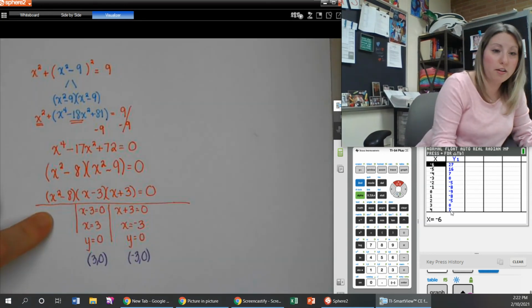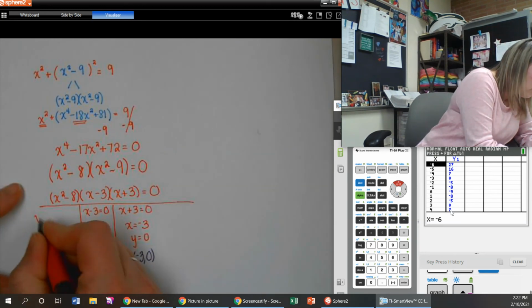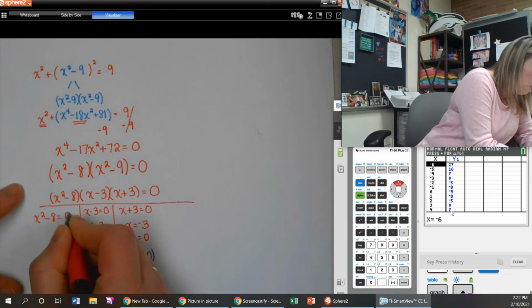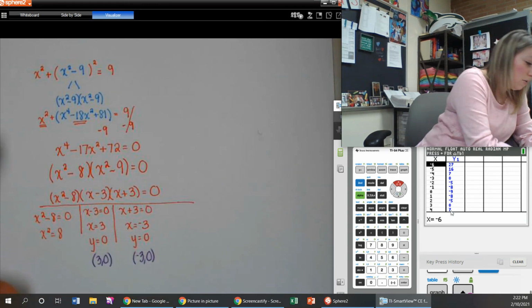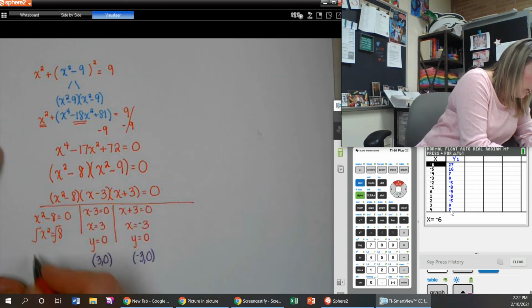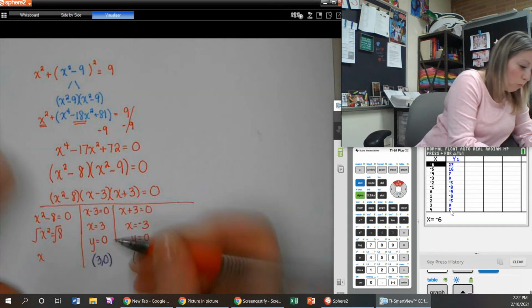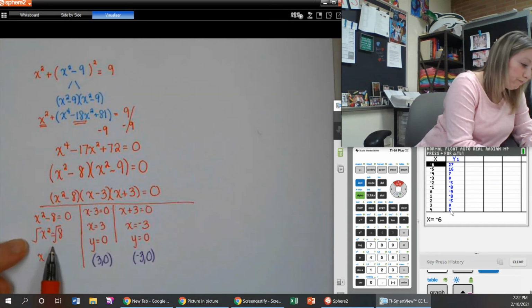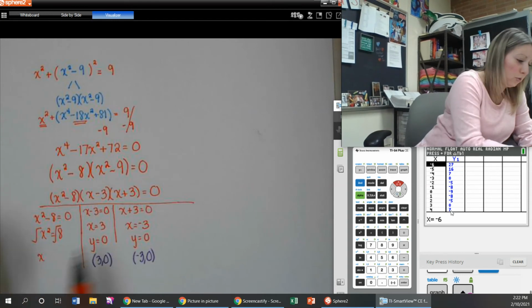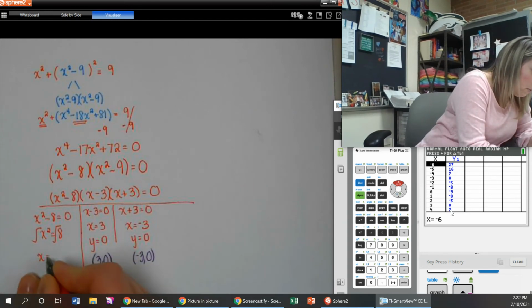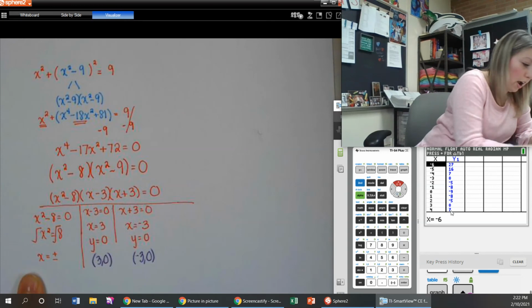Here is where the challenge comes into play. x squared minus 8 equals 0. You have to add 8 to both sides, so you get x squared equals 8. Then to get x alone, you take the square root of both sides. We solved these back in chapter 6. This is still chapter 6, but chapter 6, lesson 2 was taking square roots of both sides. So this is plus and minus, and reduce this radical.